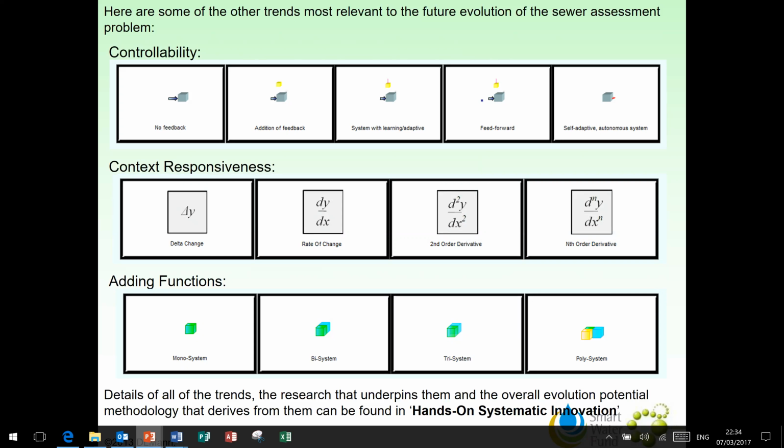Obviously Panorama and just about any sewer assessment technology have got feedback in them at the moment, in that the system is in the sewer, and it's sending an image or a signal to somebody above ground. But what the trend tells us is that those feedback loops are going to become intelligent over time, and they're going to start to become predictive.